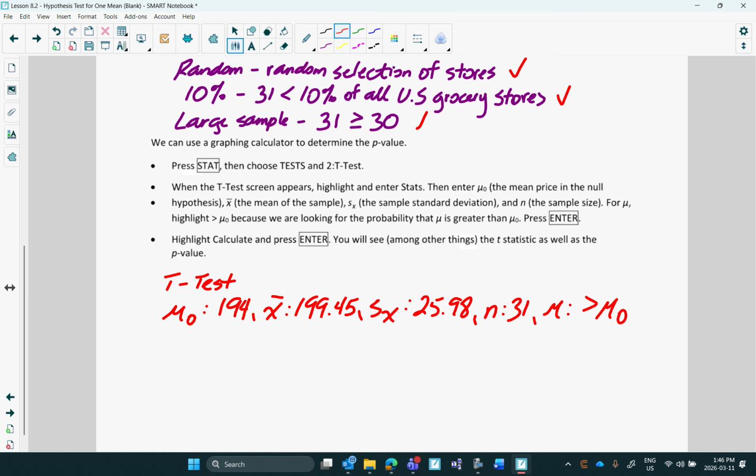So if you enter all of that and then calculate, and remember, you're just looking at the p-value in the middle. And what do we get? 0.126. Same as when we did it the other way. So you can see the relationship between the two.